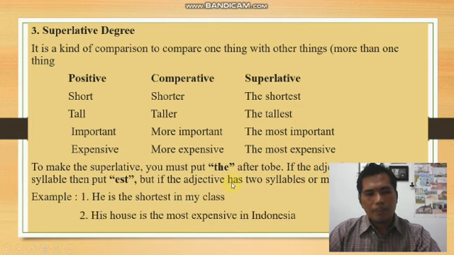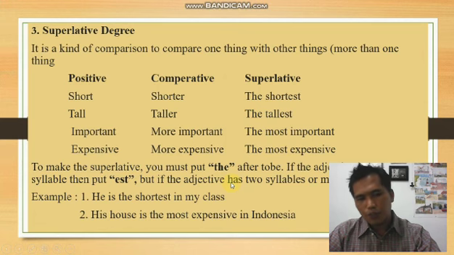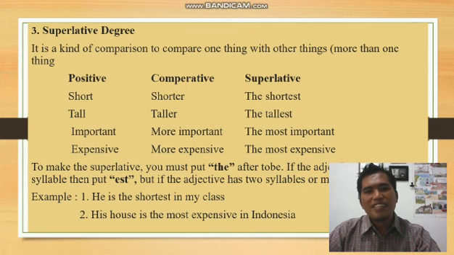Here are some examples for you to see. Number one, he is the shortest in my class. Look, we put the before shortest. Shortest comes from short, but because it has one syllable, we put est. Let's say I have 10 students in the class, and one is very short. His name is Ali, and no one has the same height as him.